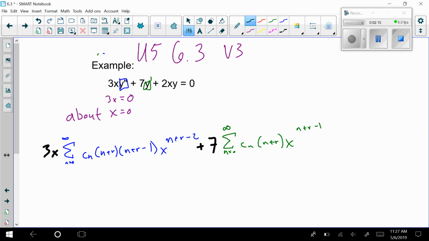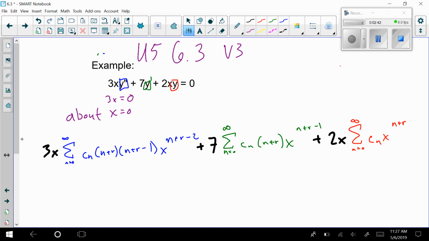And then I have plus 2x times my y, which we know is the summation of n equals 0 to infinity of c sub n x to the n plus r.